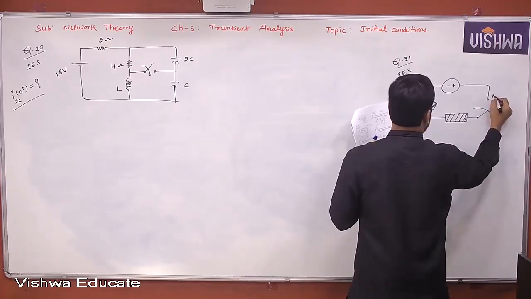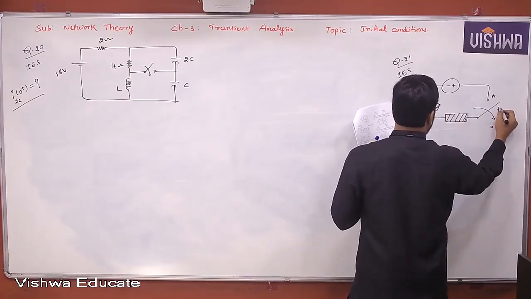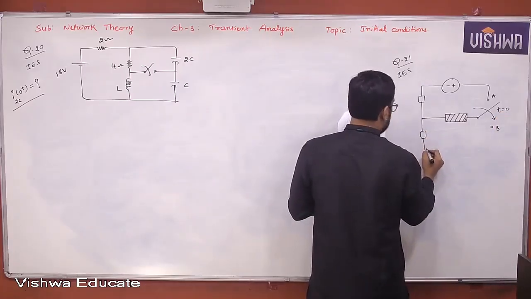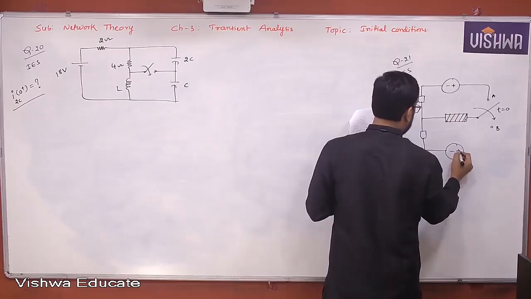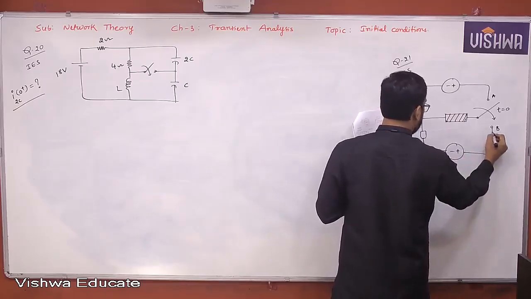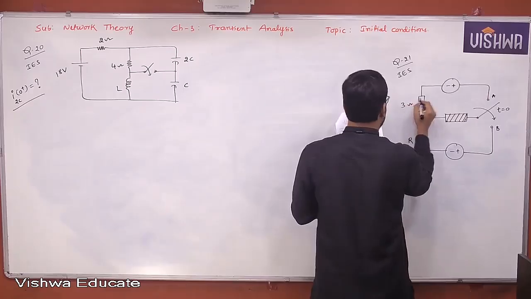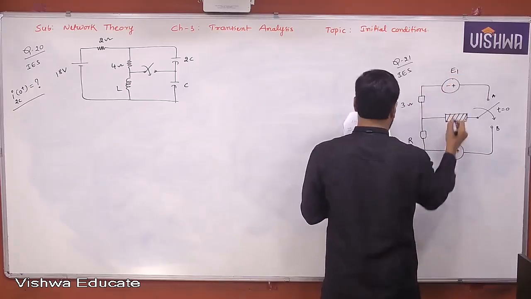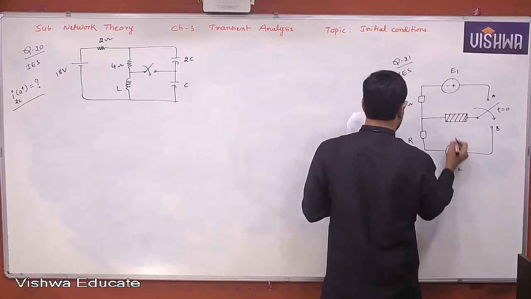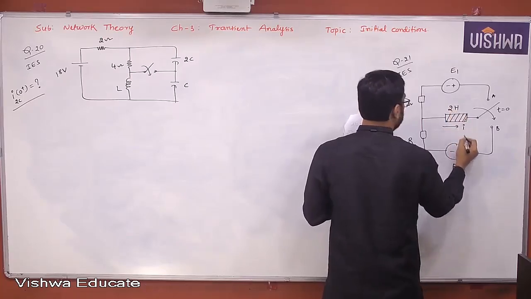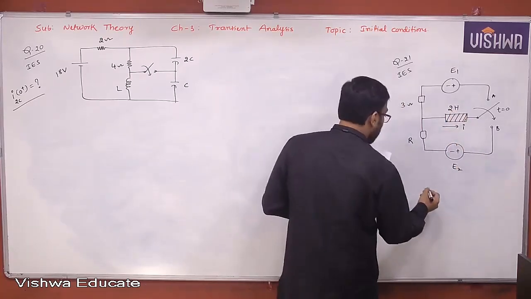This is A, this is B. T equal to 0. This is capital R. This is 3 ohm. E1, E2. 2 Henry. This is I. What is given actually here?